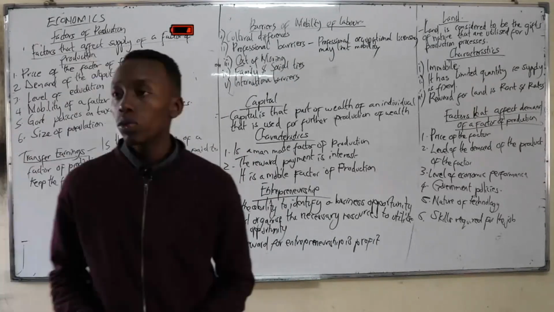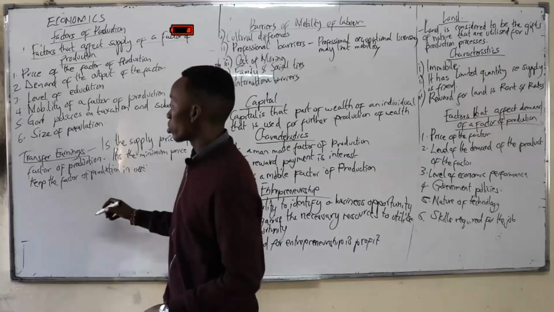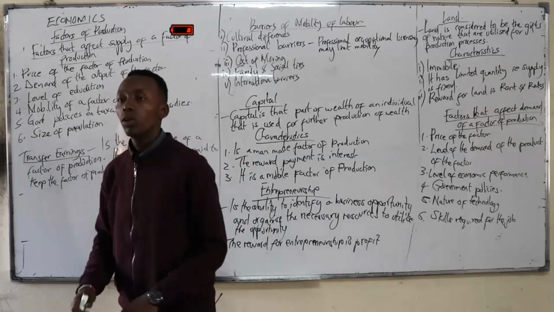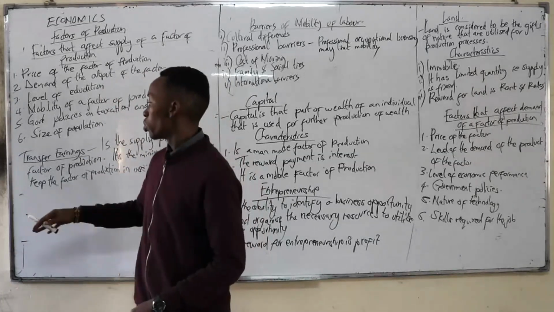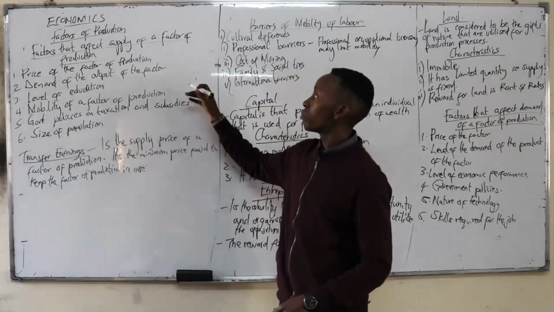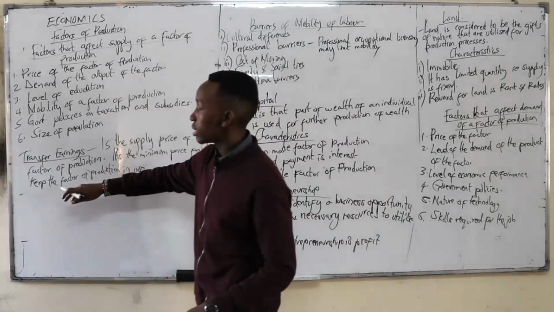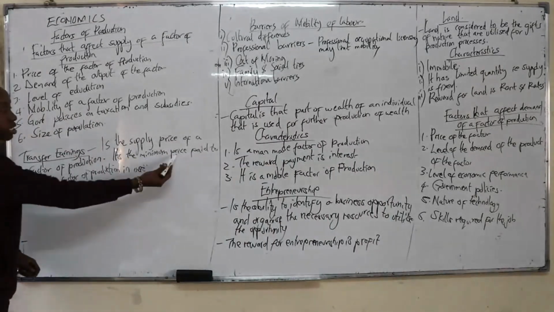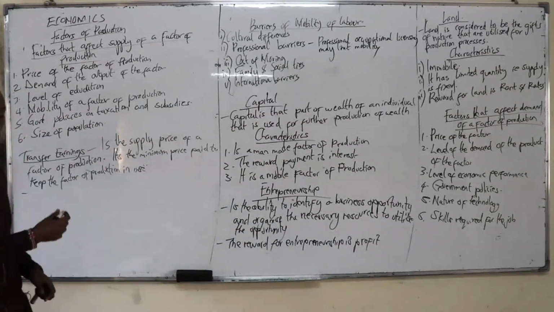So the transfer earning, you can add there, is basically what you pay people to keep them at your job or at your employment. The transfer earnings means the amount of money that you spend to ensure that this factor of production is still in use.